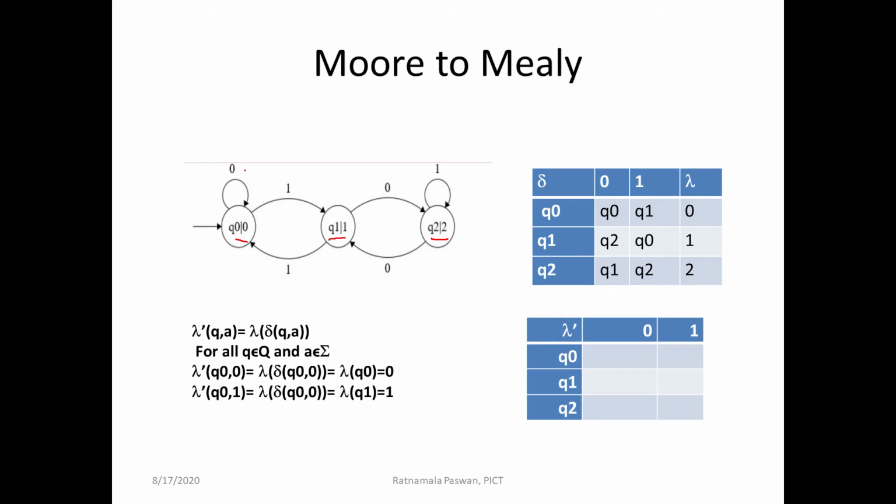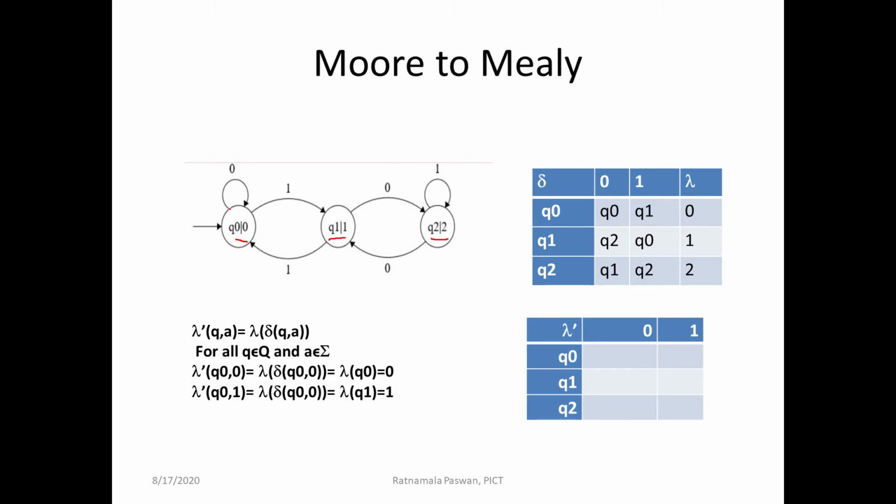How can we find the output for the transition? All the transitions go to a next state, so simply find the next state for each transition and the output symbol associated with it, and that output symbol is the label for that transition.